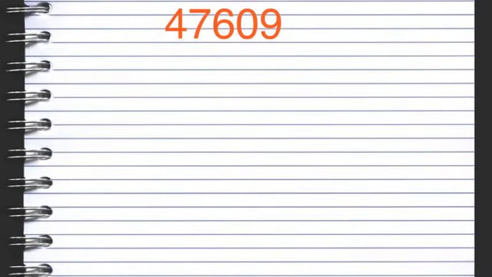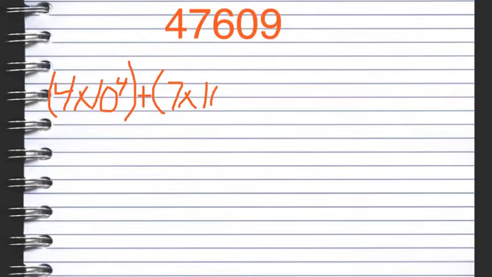When I put 47,609 in expanded form, I start the same way. 4 times 10 to the fourth, because that's my 10,000s place, plus 7 times 10 to the third, plus 6 times 10 to the second, and then I don't have anything in my tens place, so I don't need to write anything times 10 to the first.